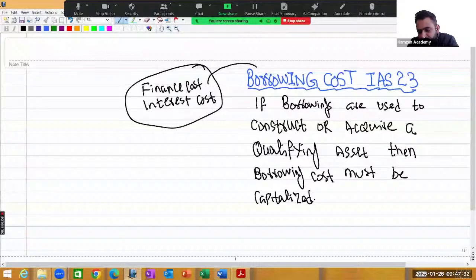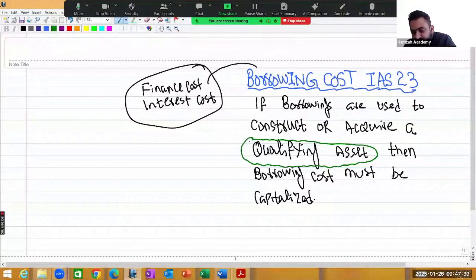So if you are using borrowed funds, a loan, to construct or to acquire a qualifying asset, then borrowing cost will be capitalized. Then it would not be expensed out in the profit and loss account.